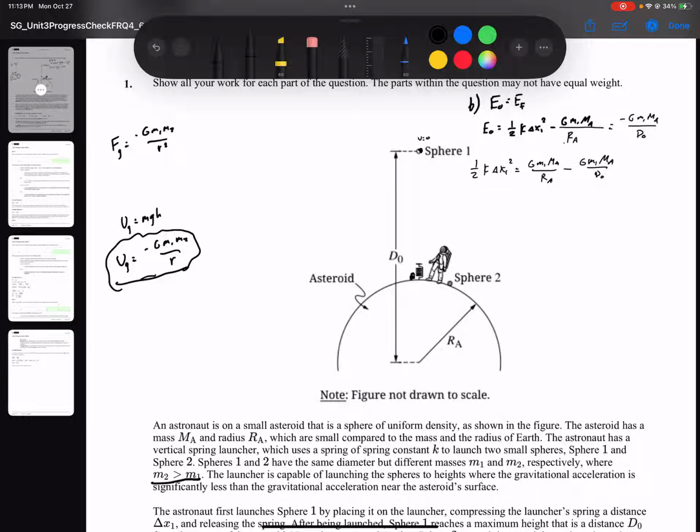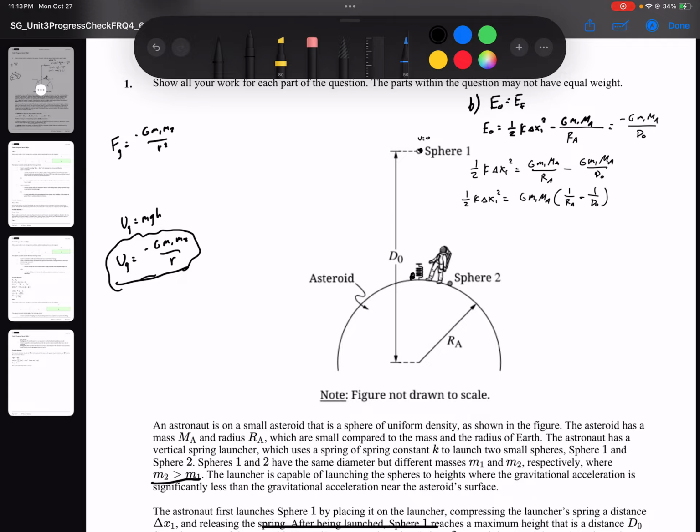Okay, so notice I just took this term and I moved it over to the other side. Then I can factor out the G M1 Ma. So I have 1/2 k delta x1 squared is equal to G M1 Ma times 1 over r sub a minus 1 over d naught.